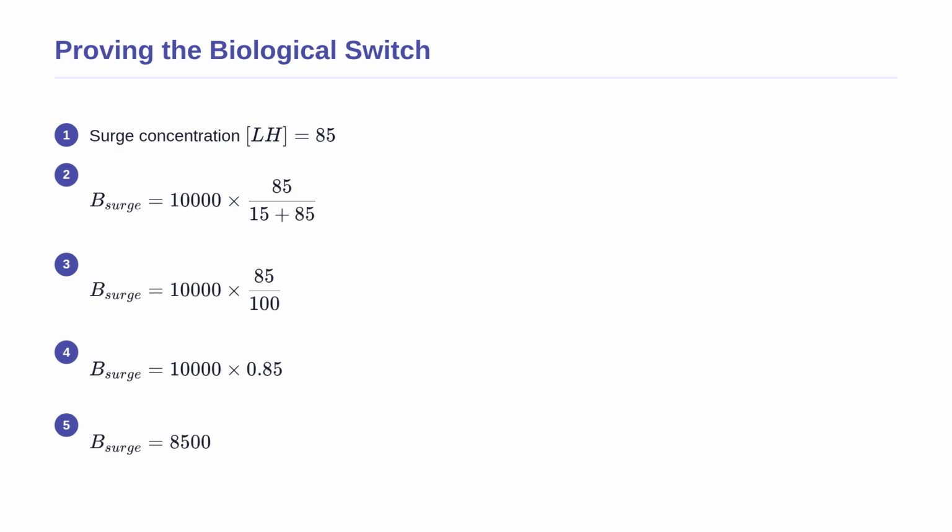The denominator now becomes 100, reflecting the massive influx of hormones. The math reveals that 85% of the receptors are now bound, resulting in 8,500 activated receptors. This sudden, overwhelming flood of signals crosses the critical threshold, proving mathematically why the oocyte immediately resumes meiosis.